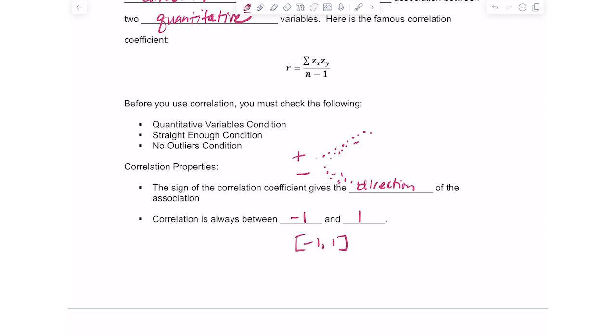So you can never have a correlation of 1.5. A correlation of -1 and 1 are the same strength. It's just the negative tells us the direction is going negatively, so it's decreasing, and +1 tells us that it's increasing in the positive direction. But both are equal strengths. They would mean a perfect linear relationship or association.